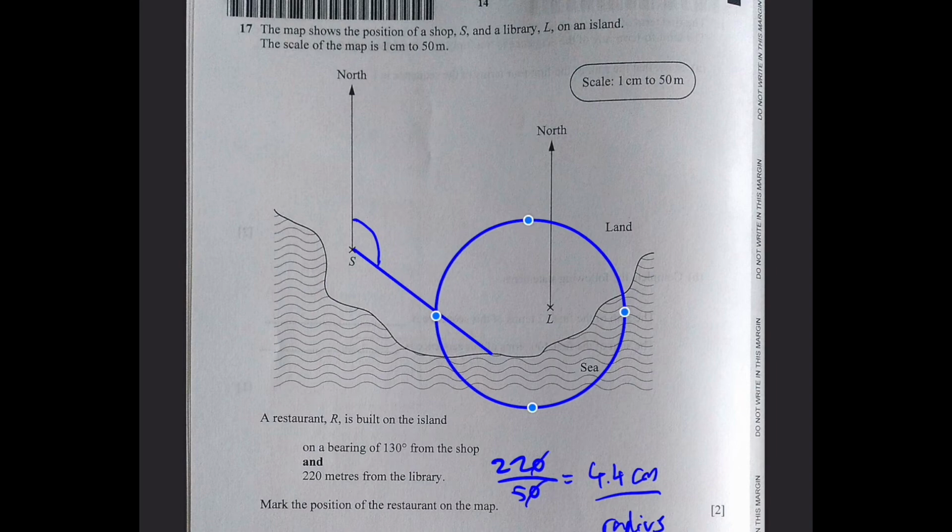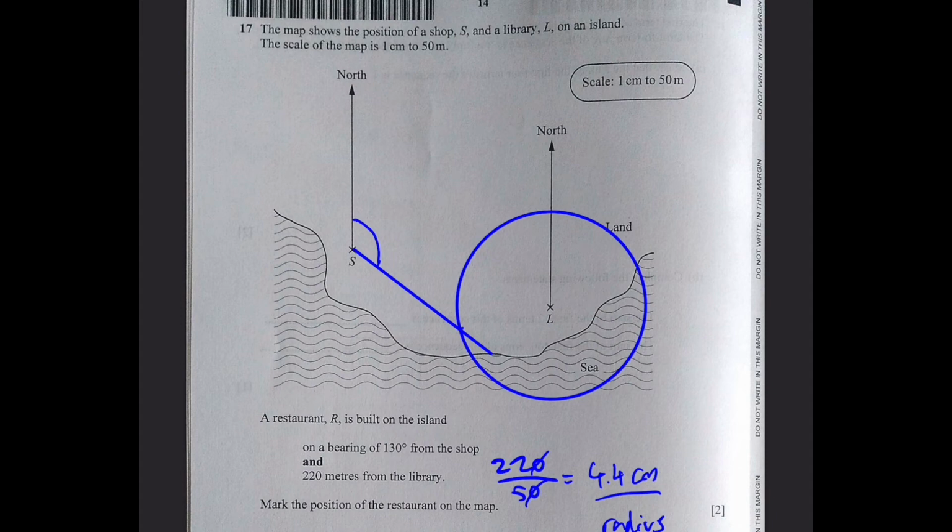It should look something like that. And then we can simply see where they intersect and then mark this as position R. Remember that this radius has to be 4.4 centimeters and this angle is 130 degrees. That's the answer. Let's go to question 18.